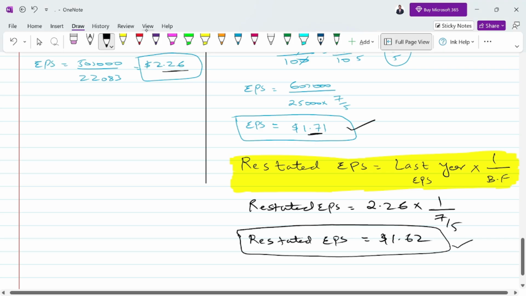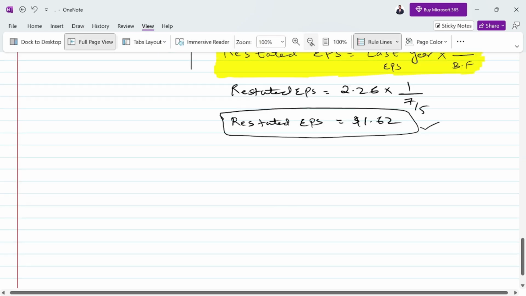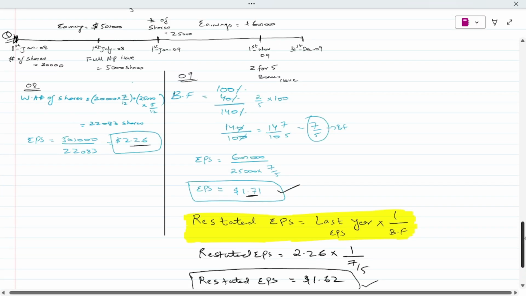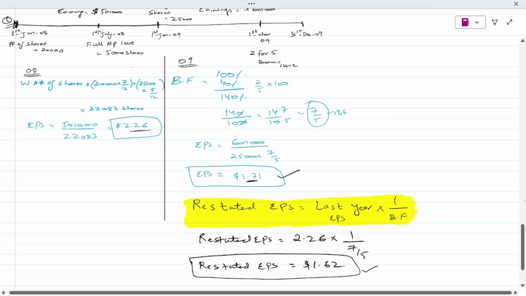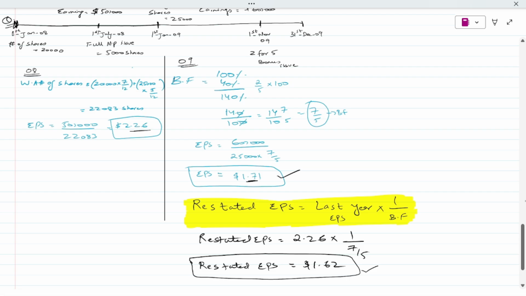And now this restated EPS with the EPS of 2009 is gonna go to the investor for the year ended 2009, which means that for this year 2009, with the annual reports, this restated EPS will also go, right? So in the annual report, you will have an EPS of 1.71, and also below this EPS, you will have a restated EPS also given as 1.62, so that the investor can do a like by like comparison, which is fair, right?